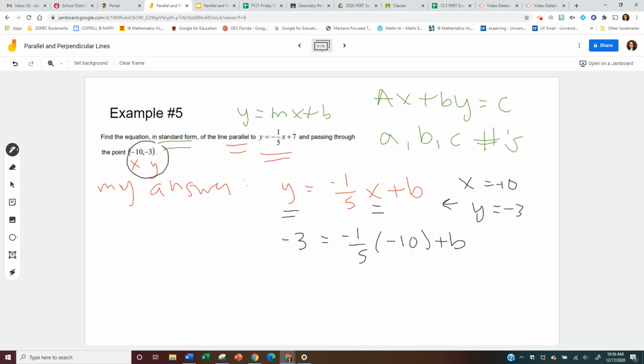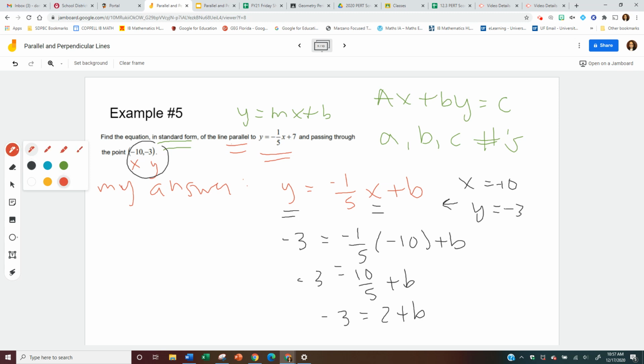-1/5 times -10 is the same as +10/5. And guess what? 10 divided by 5 is what? 2. To solve for b, I now need to move that 2 over.